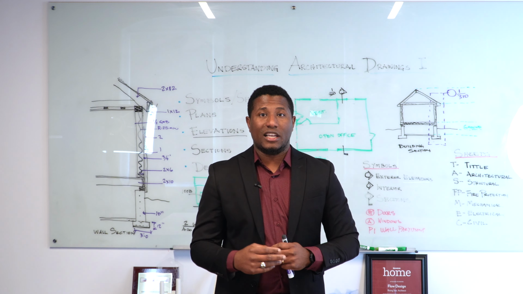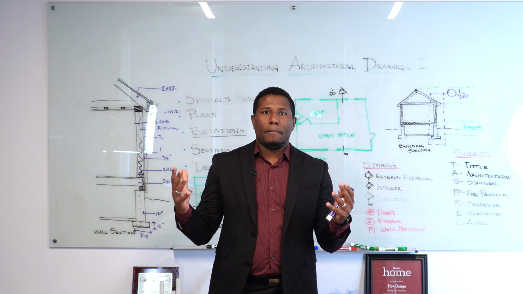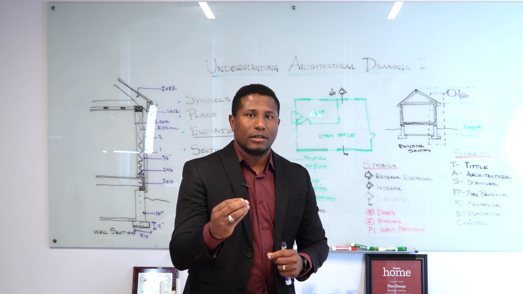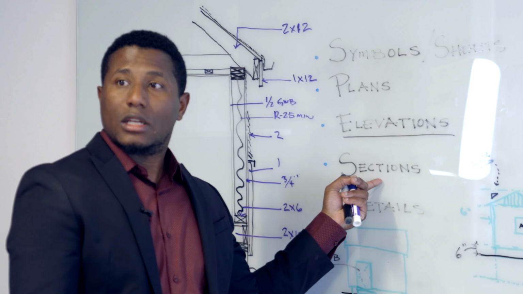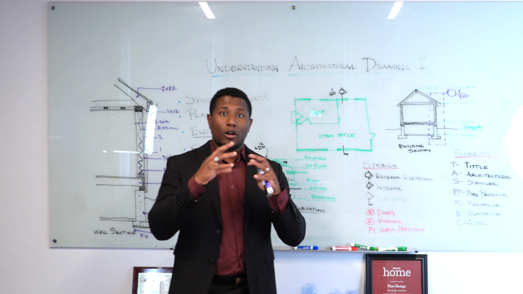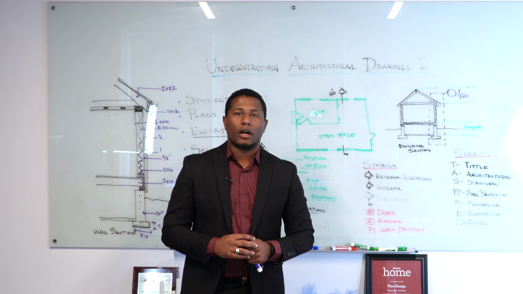And then when you see it on site, you're like, oh my God, this is not what I imagined the building was going to look like. But if you understood the details of it in wall sections and details and where you can find those and how they look, then you can have an informative conversation with your architect and designer.